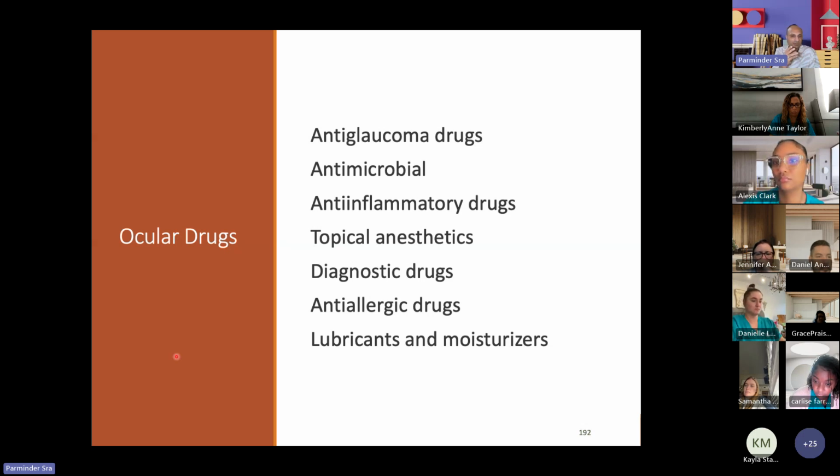Basic point: your patient might be using only one type of eye drop or multiple. Make sure if there is more than one eye drop, you space them out. Anybody know how long that space should be? Five minutes.